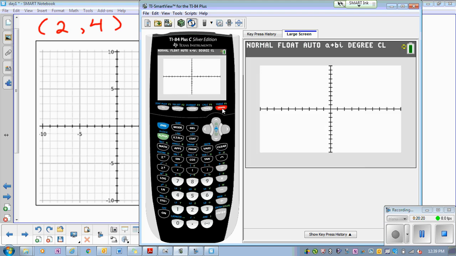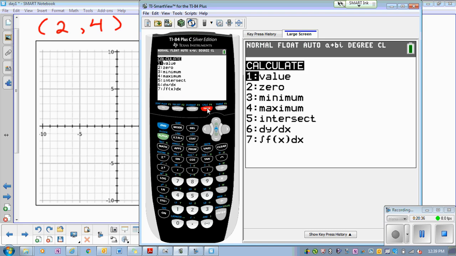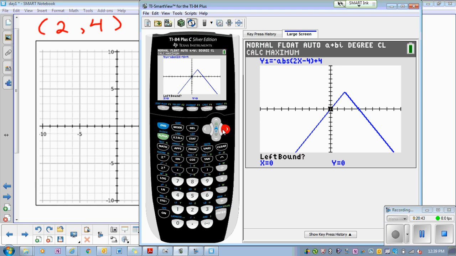So if I graph this, I see that it reflects. That's what it looks like. Guys, is the vertex a maximum or a minimum? A maximum. So what you can do is go to second trace and go to maximum, which is the fourth one down. Now you're going to move the cursor to the maximum because that's what you want.